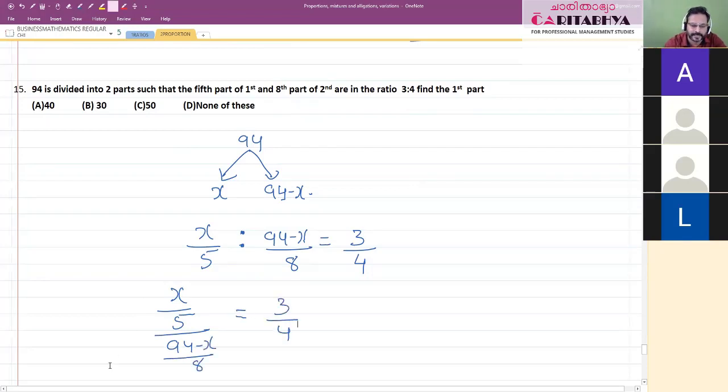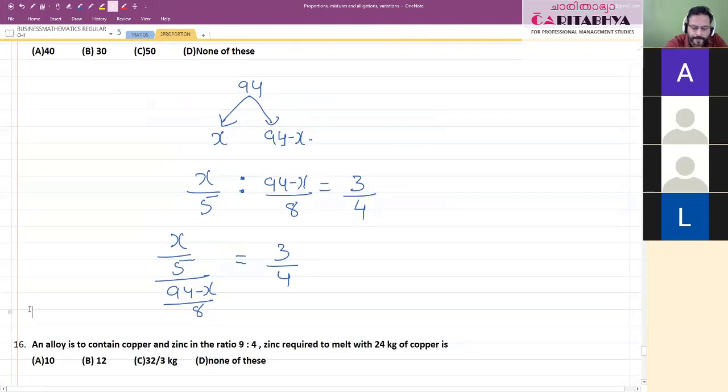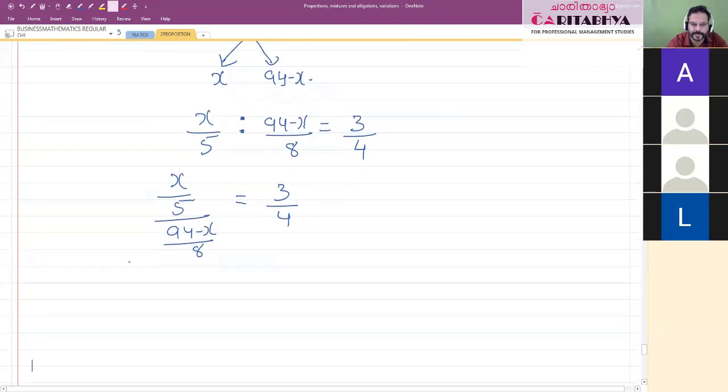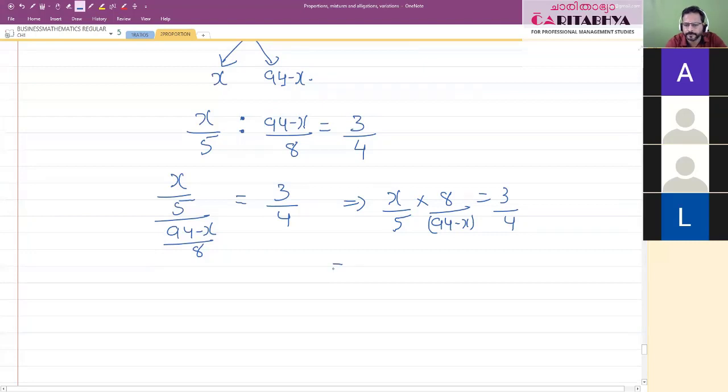Division by a fraction: invert and multiply. That implies x by 5 into 8 divided by 94 minus x is equal to 3 by 4, so 8x divided by 5 into 94 minus x is equal to 3 by 4.